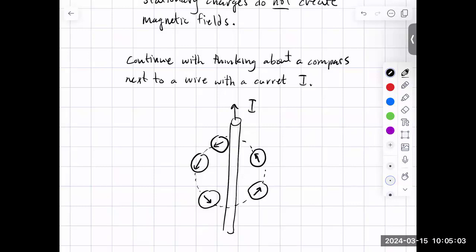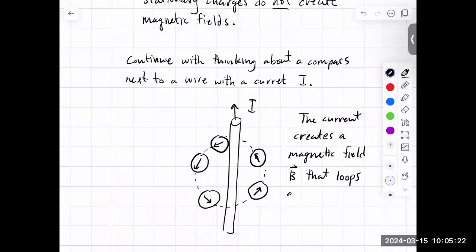So the current creates a magnetic field B that loops around the wire.